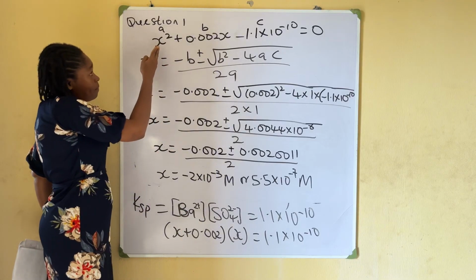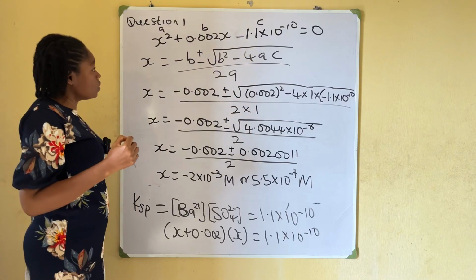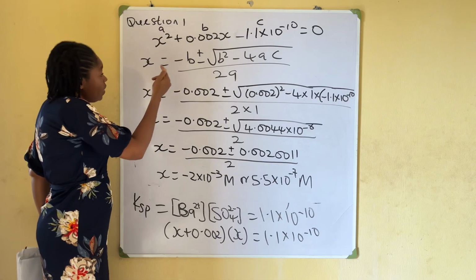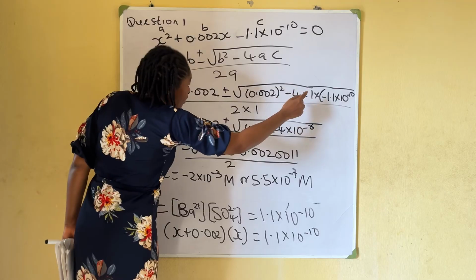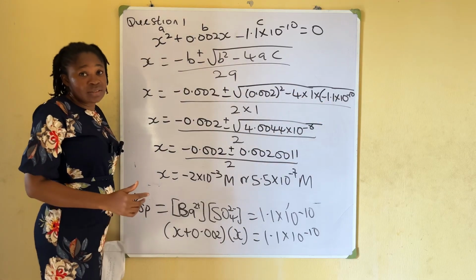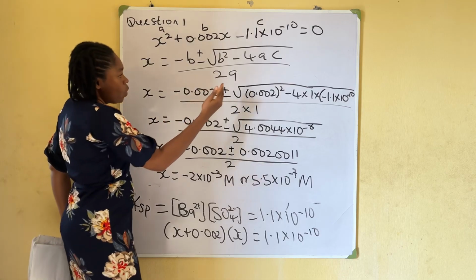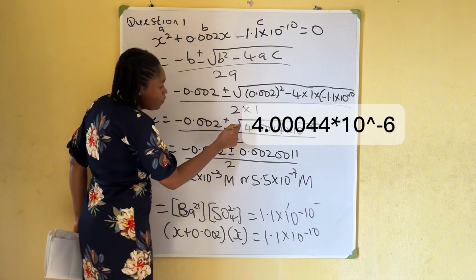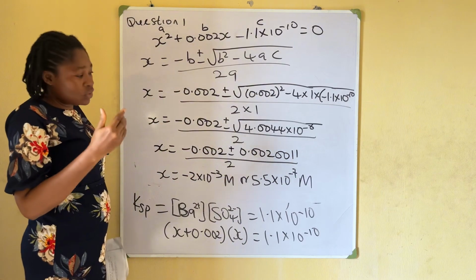So this is A, this is B, and this is C. Using the quadratic equation to solve this, substitute your values into it. This is B squared, minus 4 times 1.1 times 10 raised to the power minus 10. When you square this value and subtract from what you have here, you'll have 4.004 times 10 raised to the power minus 4.